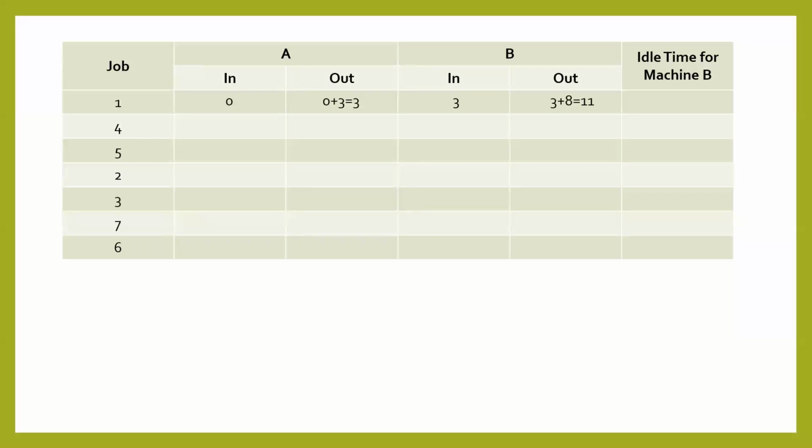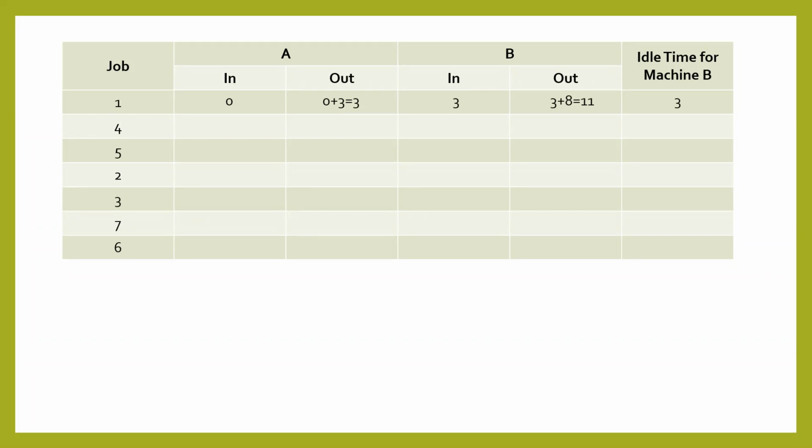Something in the chat. Great. Advait, 3. Exactly 3, because when machine A is processing this job, machine B is idle till it gets that particular job. And that's why the idle time for machine B will be 3. So here I'll put 3. I hope the first job, number 1, is making sense.